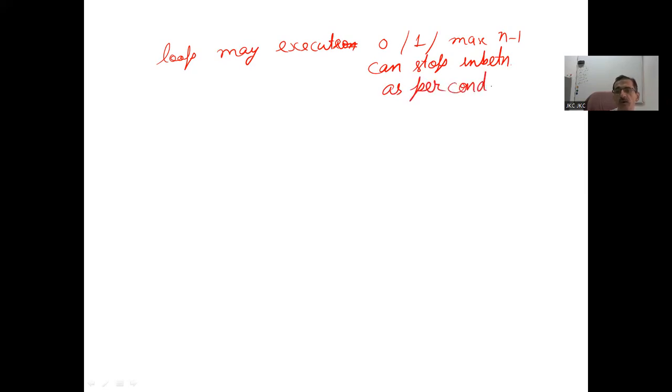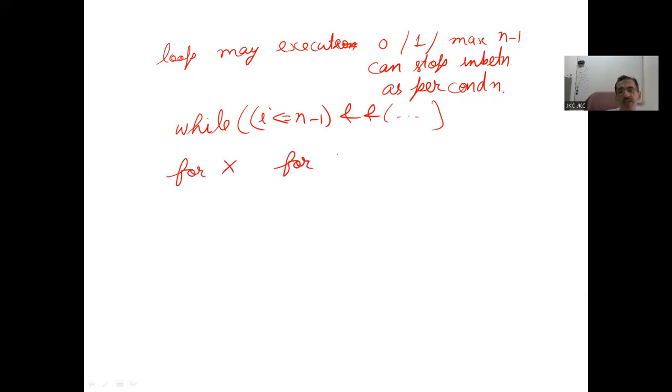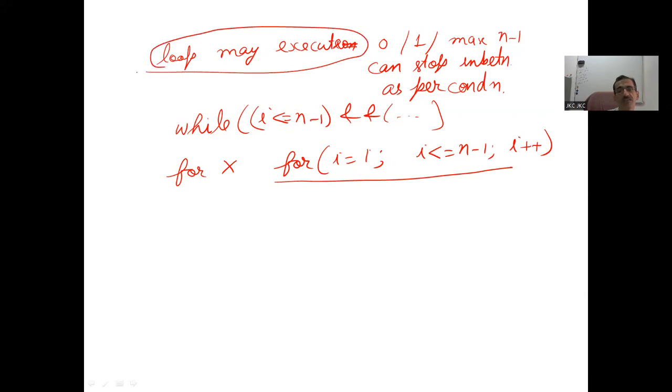If it is so, then use a while loop, say while i is less than n minus 1, or less than or equal to, and something. A for loop is not a good choice here, because I prefer to write for i equal to 1, i less than or equal to n minus 1, i plus plus, which straight away tells exactly n minus 1 times. So for a situation like this, a for loop is not a good choice.